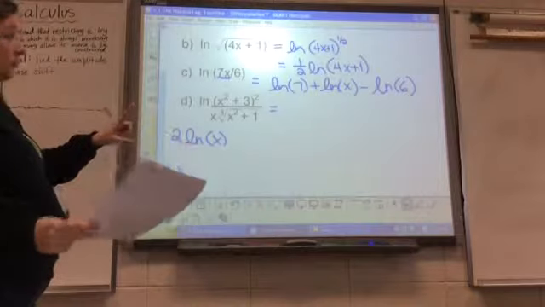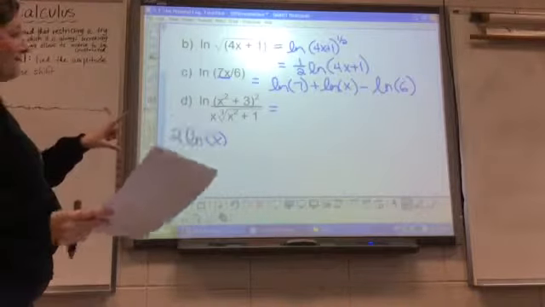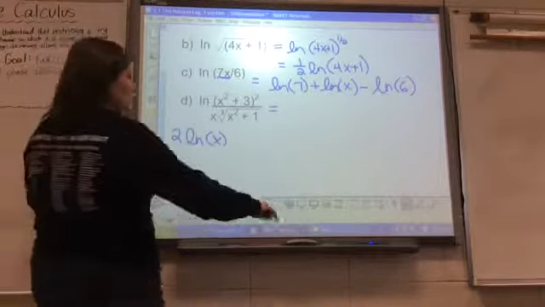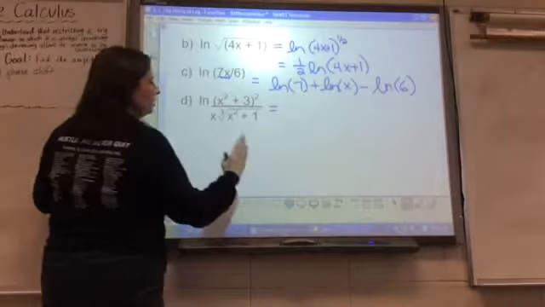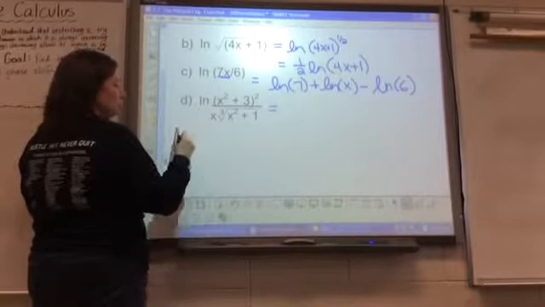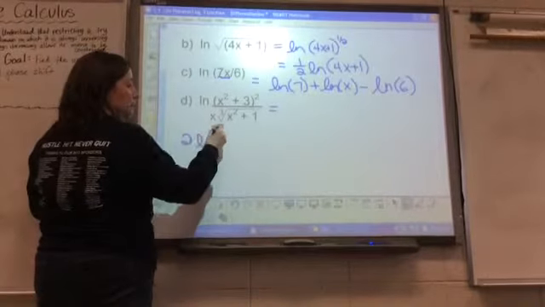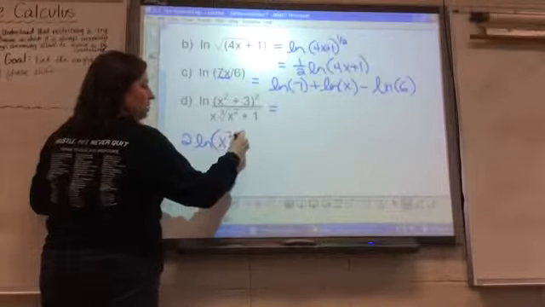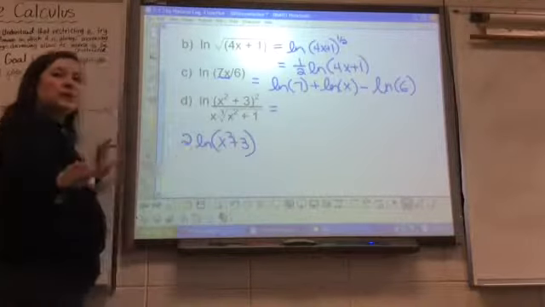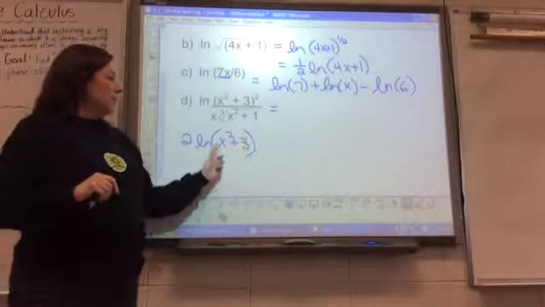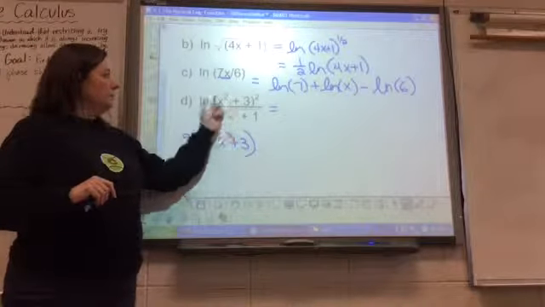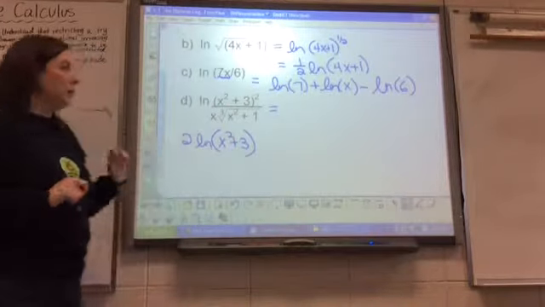Hold on, we got a foil. Well, hang on. I think we could say, here's what we do. 2 ln of (x squared plus 3). I'm treating that like that's my base thing right there for now.